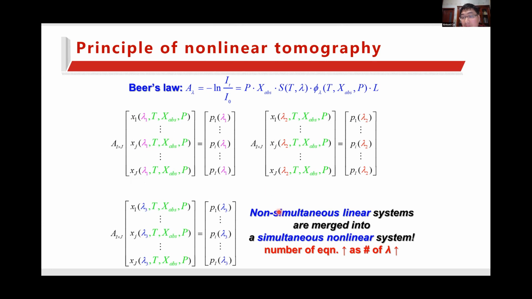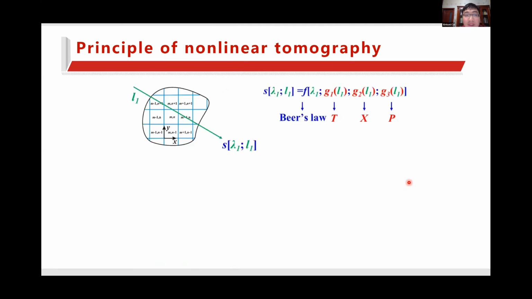So we can convert the non-simultaneous linear equation systems into a simultaneous nonlinear equation system. And by solving this nonlinear equation system, we can simultaneously get the distribution of temperature, pressure, and the species concentration. Based on this idea, we propose the concept of nonlinear tomography.